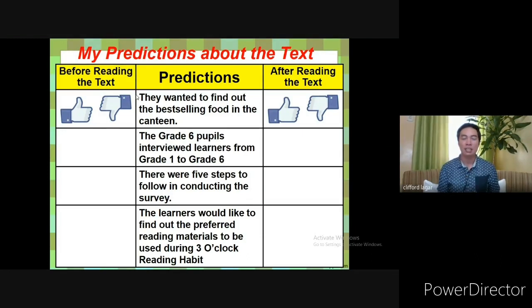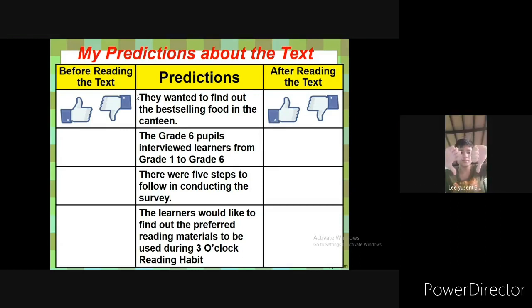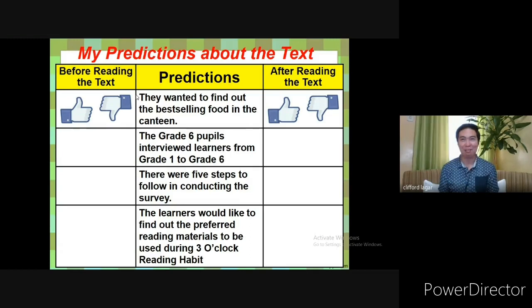The grade 6 learners wanted to find out the best-selling food in the canteen. Thumbs up or thumbs down? Lee? Thumbs down, sir. Okay, that's correct. Very good. Why is this wrong? Do you have any idea what makes this prediction incorrect?